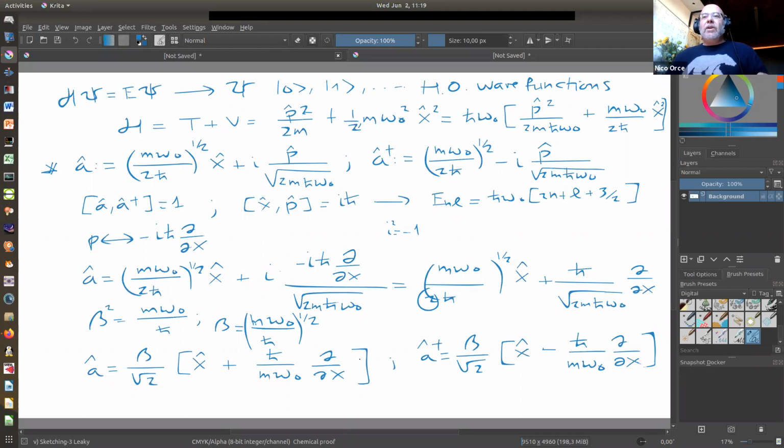So we are going to make another change of variable, and we're going to call it psi, equal to beta x, in a way that this is equal to (m omega naught over h bar) to the 1/2 of x, right?